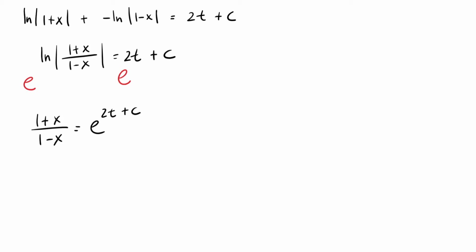Now remember properties of exponents: when the power is being added, the same base is being multiplied, so the right side becomes e to the 2t times e to the c. Here we might call this our new constant b just for simplicity, because e to a number is some number. And we had our original expression here.